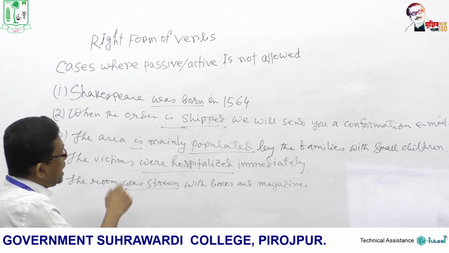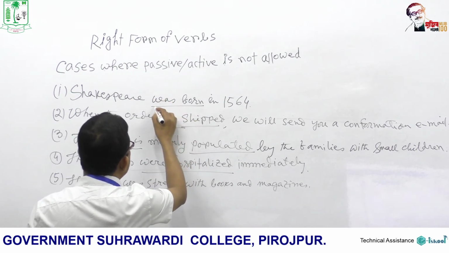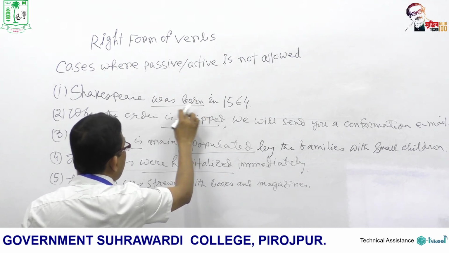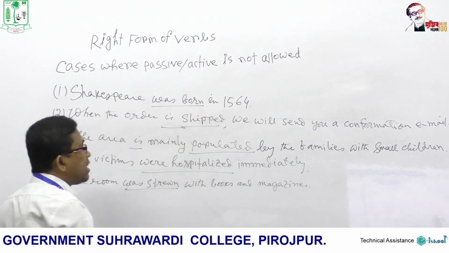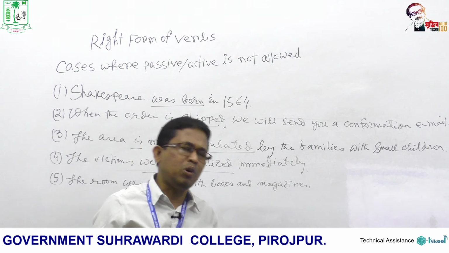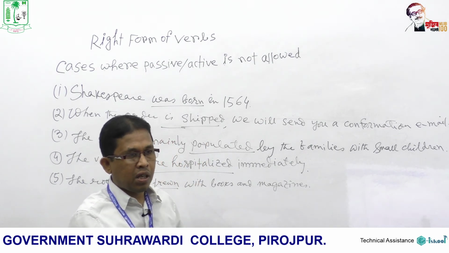Shakespeare was born in 1564. This is no doubt a passive sentence because was born is be verb plus past participle form of the main verb: bear, born. So this is a passive sentence, and in the case of bear we are to use the past participle form always, almost exclusively.